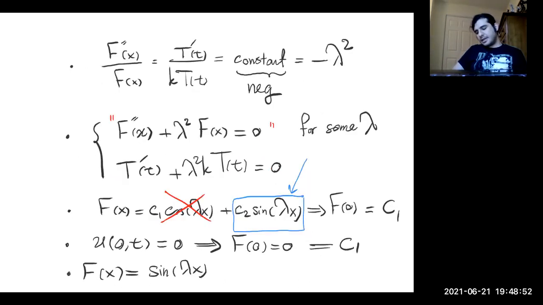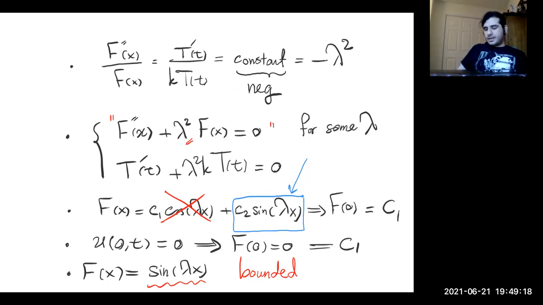But you can see here that this function is always bounded. It's independent of lambda. It's always between +1 and -1. So this being bounded doesn't give us any new restriction. This is bounded for any lambda.